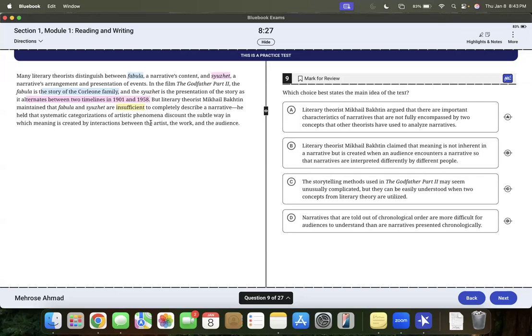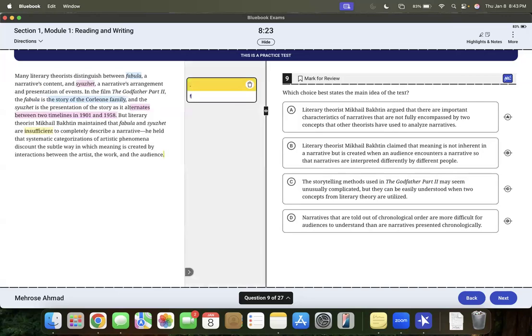Okay, so my 1 second summary will be fabula versus sujet versus Bakhtin. They talk about a fabula, they talk about sujet, but the last sentence says this theorist is saying these words are incomplete, and categorizing art in this way is like discounting the uniqueness or the nuance of it. So these are all different trains of thought.